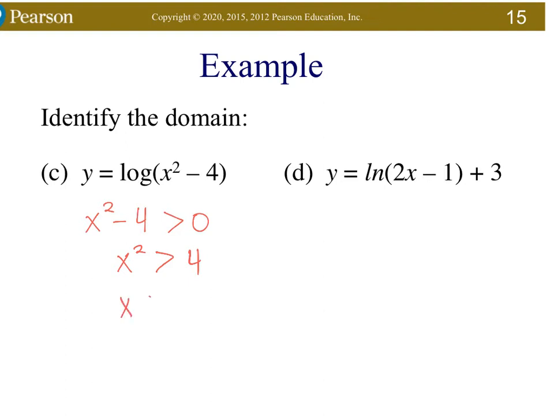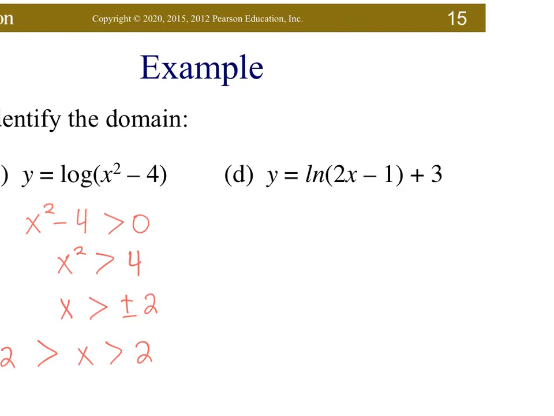So x is greater than the plus or minus square root of 2, okay, because we're using a square root to solve, that's always a plus minus. The minus should always be written on the left, the 2 on the right, and the symbols go in the same direction. So that is our domain.